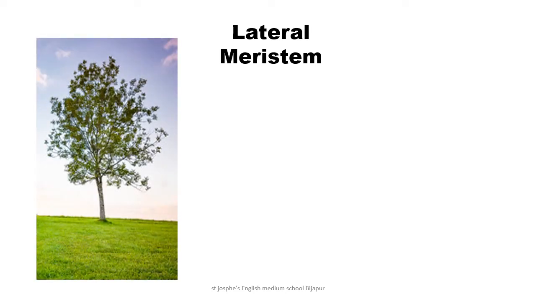When trees attain their maximum height, they don't grow vertically anymore. A tree grows vertically initially, but after a certain phase of time, it stops growing vertically. It starts growing laterally. That is how a tree becomes broader. Now see this tree.